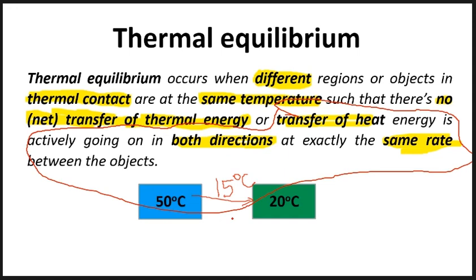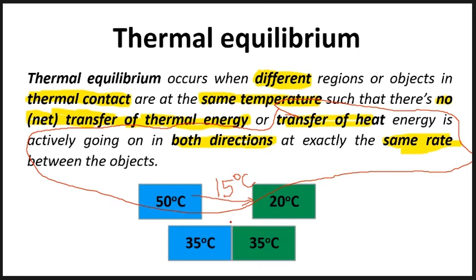From the statement I made, I said transfer of heat energy is actively going on in both directions. What that means is that at the point when they are at equilibrium, when they have the same temperature, this one will tend to still transfer some amount of energy to this other one, while this one as well wants to transfer energy to this other part.